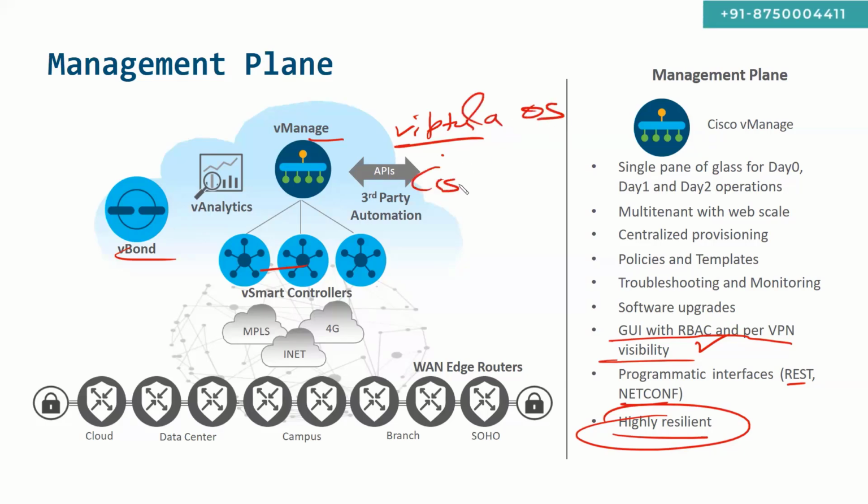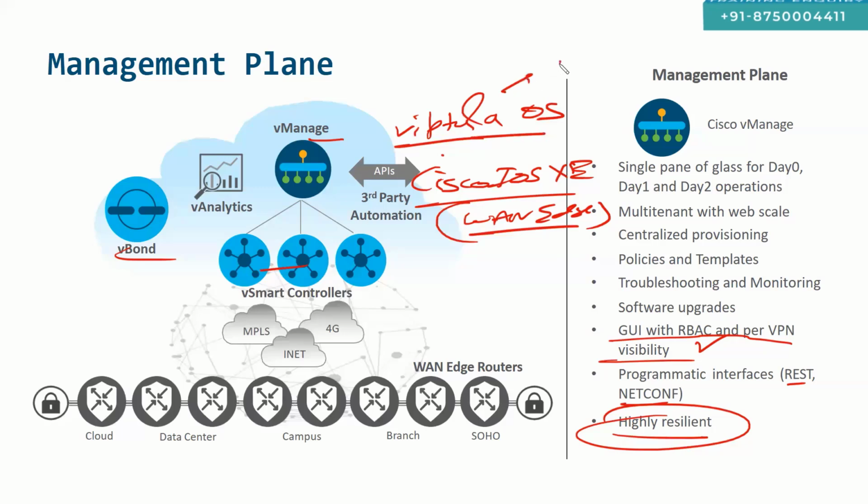The other one is called Cisco IOS XE. Cisco IOS XE with SD-WAN capability is applicable only for the Cisco routers, the cEdge routers. But Viptela OS is applicable for all controllers and also for Viptela vEdge routers.